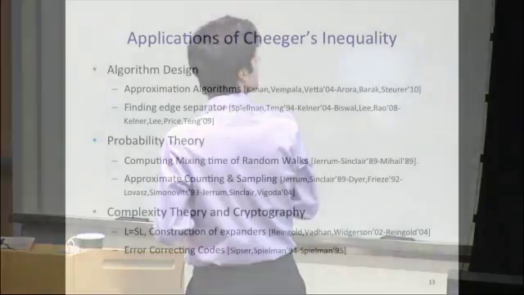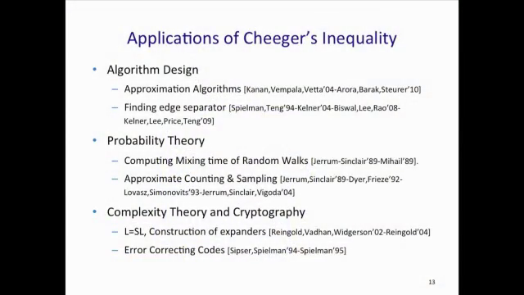Good. So let me tell you some applications of this inequality. Cheeger's inequality is one of the fundamental results in spectral graph theory. It has applications in various fields of computer science. For example, in algorithm design, many of the approximation algorithms use this inequality, or algorithms that look for a separator of a graph.